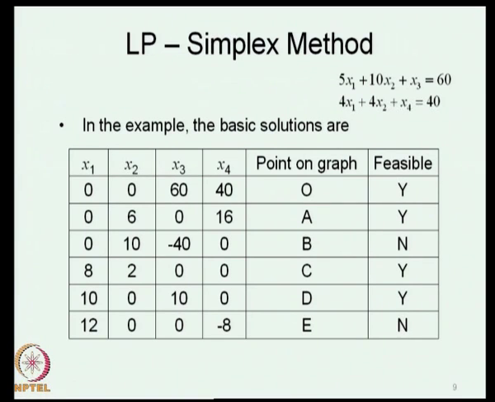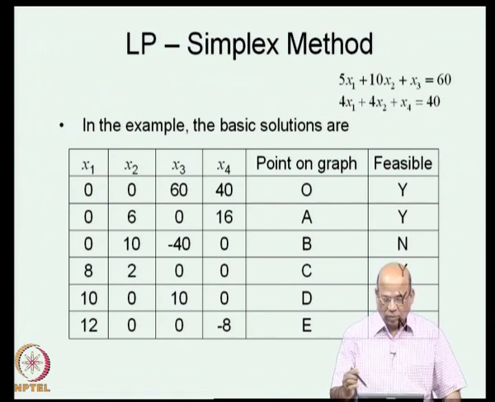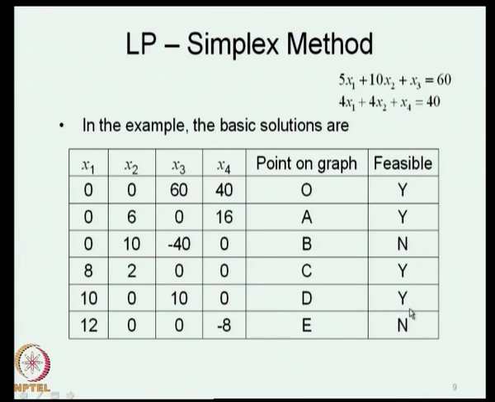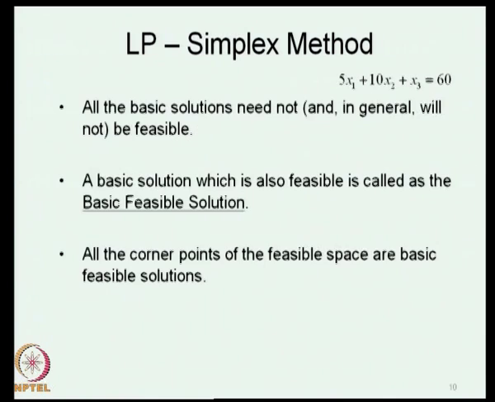In any set of basic solutions, some may be feasible, some may be infeasible. The basic solutions which are feasible are called basic feasible solutions. In this case, you get 4 basic feasible solutions, and the basic solutions which are not feasible are called the non-basic feasible solutions.